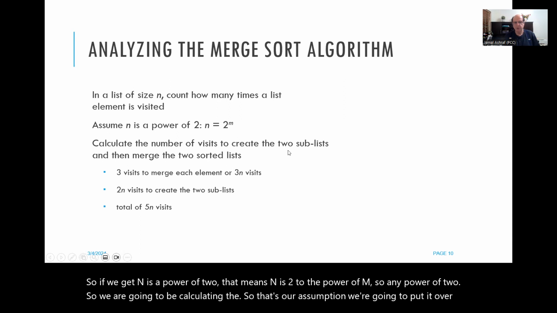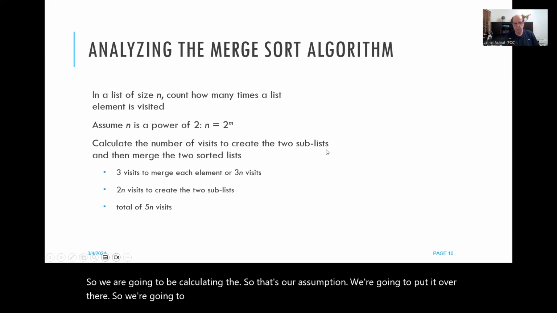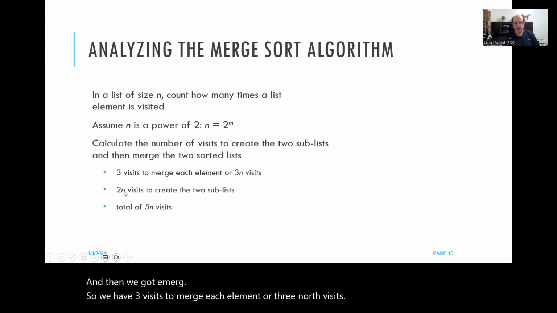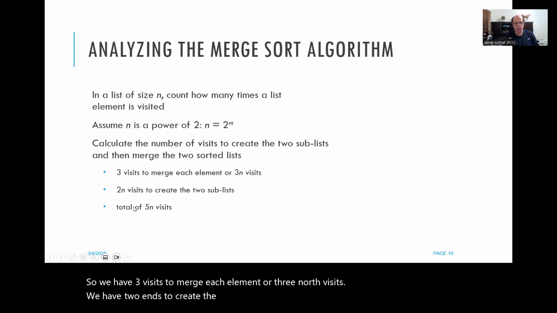So we're going to have 2 sublists, and then we're going to merge them. We have 3 visits to merge each element, or 3n visits. We have 2n to create the 2 sublists. So the total is going to be 5n visits.